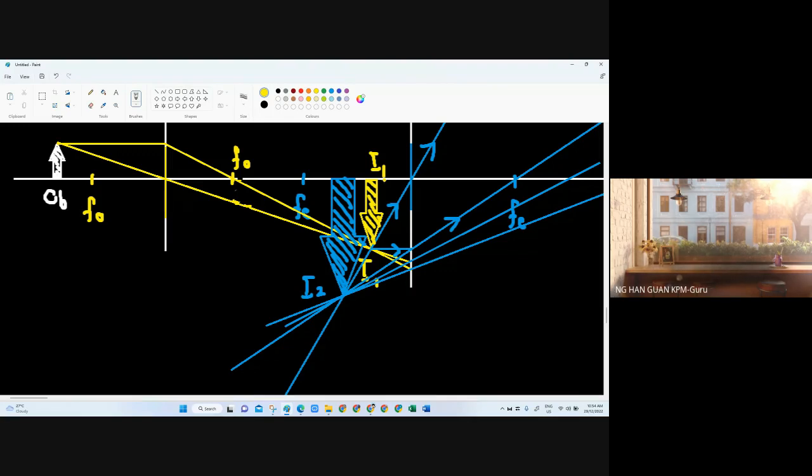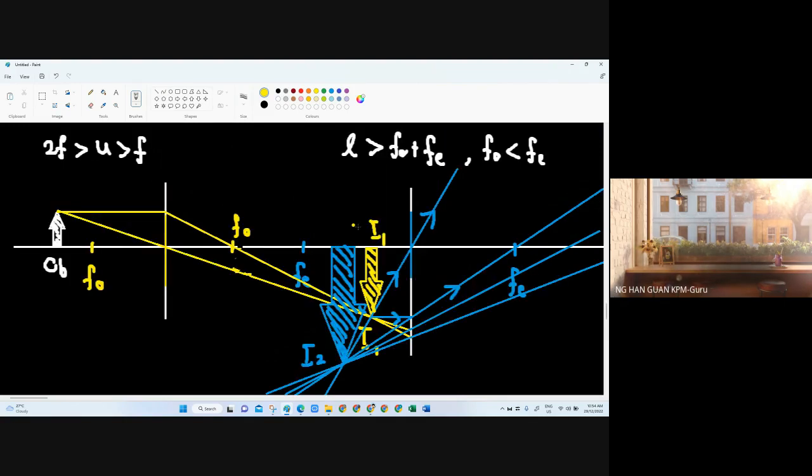Same as just now, when we comment on the characteristic of the final image, we have to compare to our object. This final image is virtual, because it's forming before the eyepiece lens, not after the eyepiece lens. That's why we call it a virtual image.